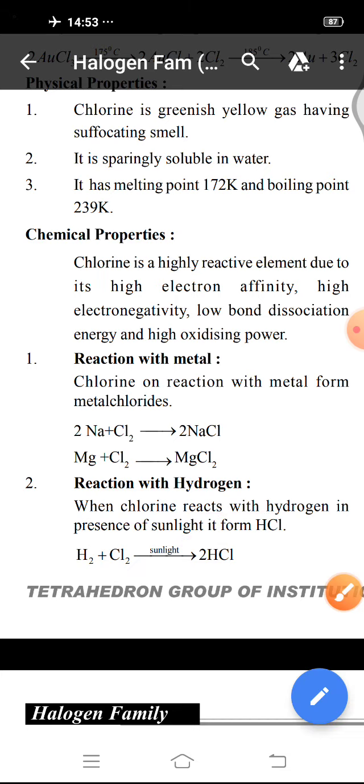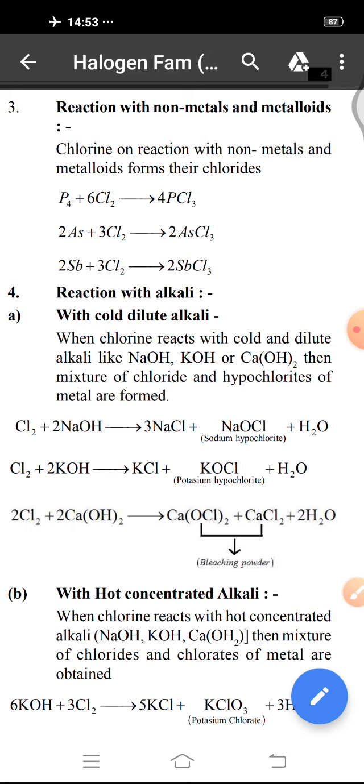Next, its reaction with non-metals and metalloids. Like metals, when chlorine reacts with non-metals and metalloids, it also forms their chlorides. In the metal case, they are metal chlorides, and in non-metals and metalloids, it also forms chlorides.